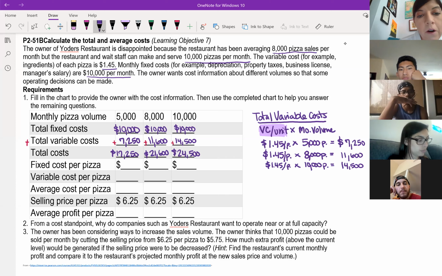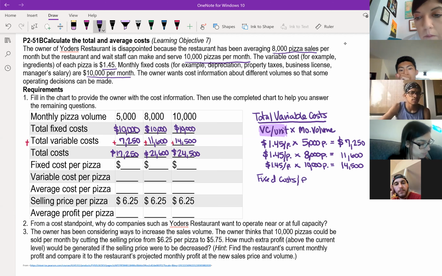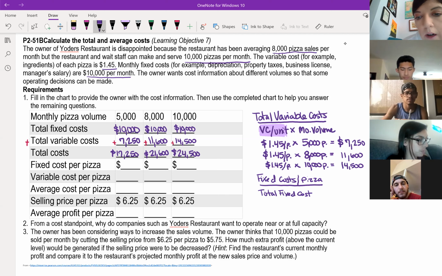For this next part, fixed costs per pizza, how do we figure out fixed costs per pizza? We're going to divide the total fixed costs by the monthly volume.